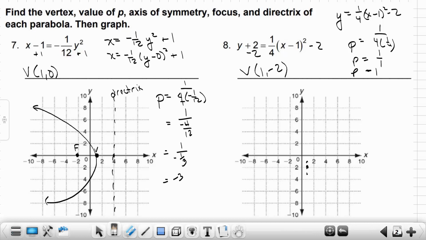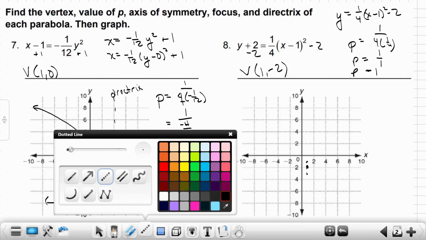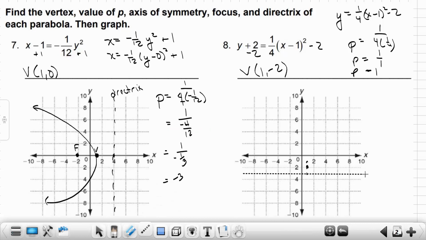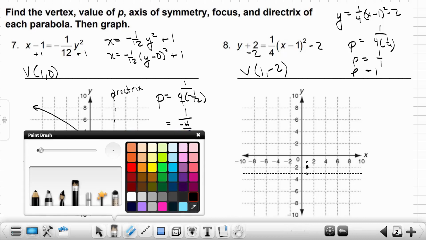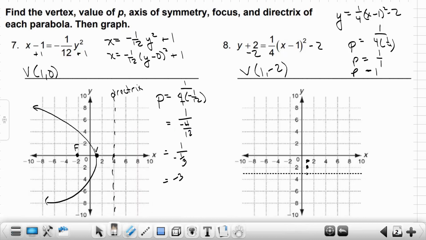This is an upward-facing parabola, therefore our directrix must be below. That makes this our focus. I didn't write them all down over here, sorry. So here our focus was -2, 0. Our directrix was x equals 4.